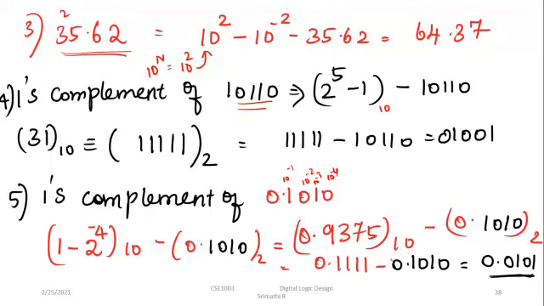First convert this 0.9375 into binary and then do the subtraction, and you will end up with 0.0101. This is the ones complement. Easily we can even take the ones complement by inverting all the digits after the decimal point, so this will be 0 1 0 1.